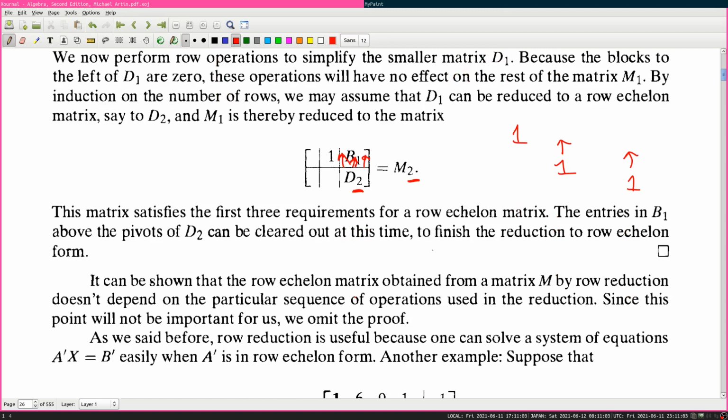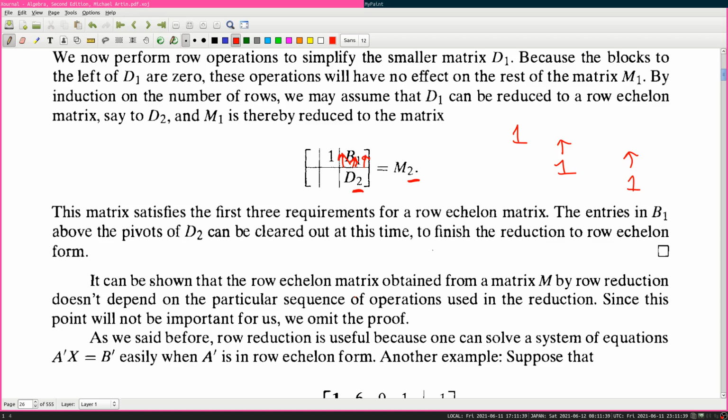It can be shown that the row echelon matrix obtained from a matrix M by row reduction doesn't depend on the particular sequence of operations used in the reduction. There's only one row-reduced echelon form of a matrix, and it doesn't actually matter how you get there.